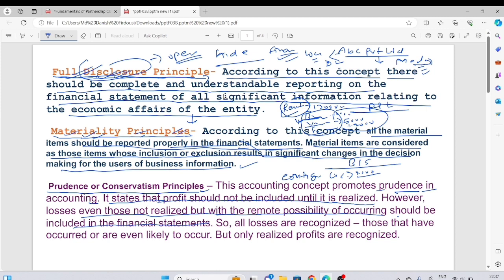And if there is any chance of loss, whether it is realized or not, it should be mentioned in the financial statement. In a simple way, any anticipated loss should be shown in the financial statement. This is the concept of prudence or conservative principle.